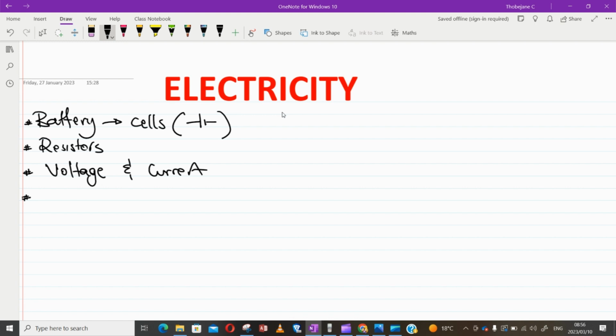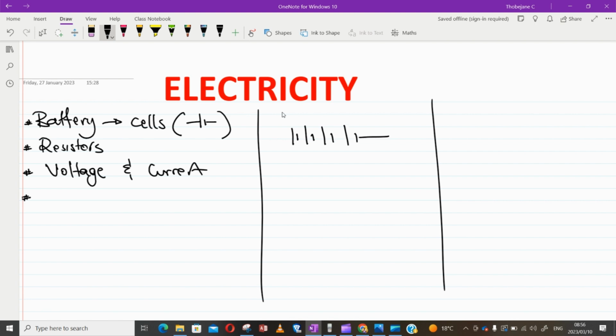What does this mean now? Let us have a table here. In this table, we're going to have our cells connected in series. Let us have 1, 2, 3, 4 cells connected in series, namely E1, E2, E3, and E4.